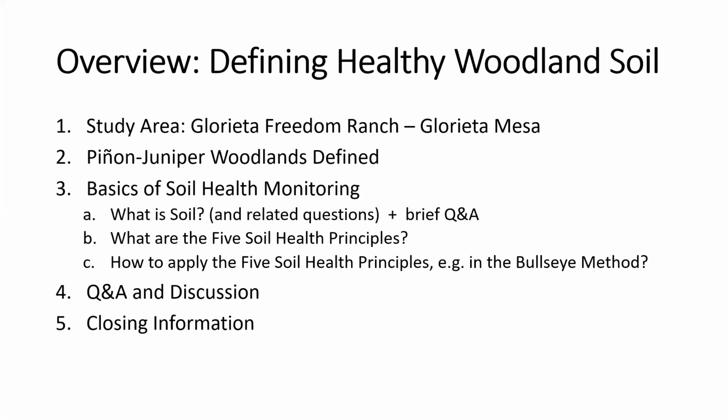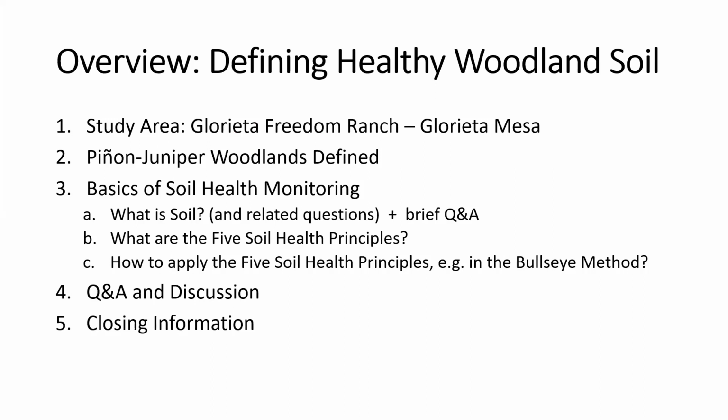What we're going to talk about today is, we begin with an overview of the Glorieta Freedom Ranch on Glorieta Mesa, southeast of Santa Fe. Then we're talking a little bit more about pinyon juniper woodlands, what they are, and how you can actually see different types of them. Then we're talking more about soil and what is soil and all the related questions about soil and soil processes.